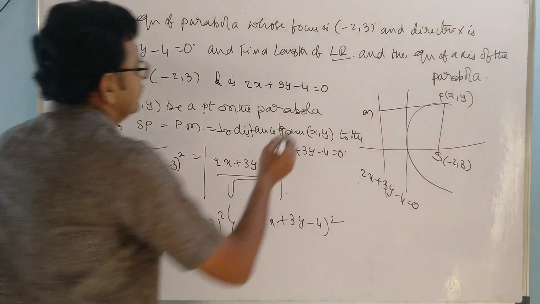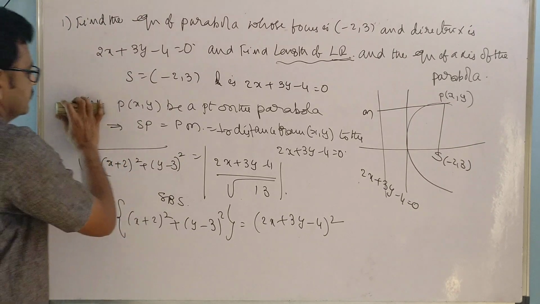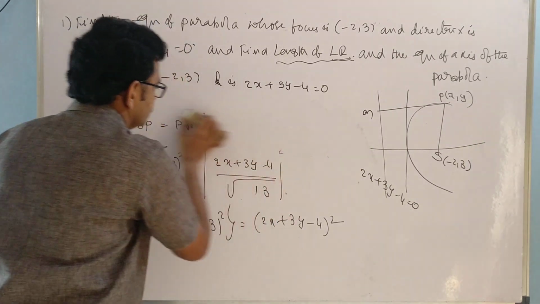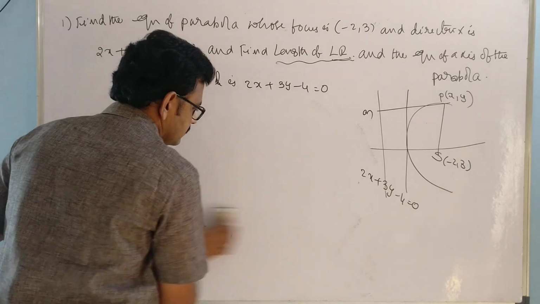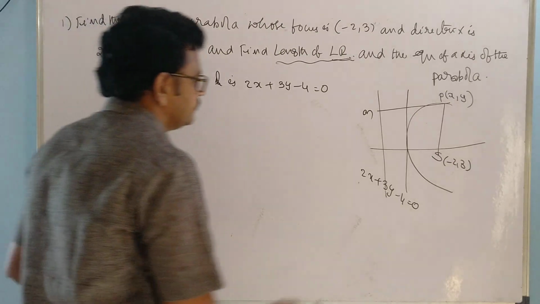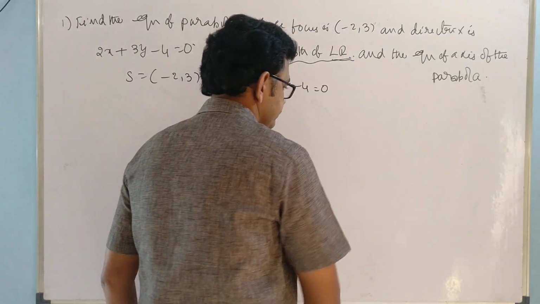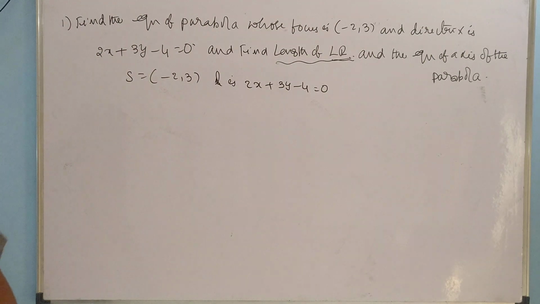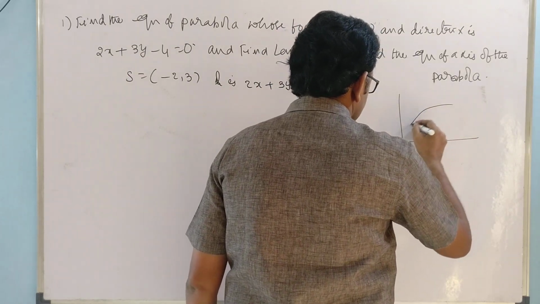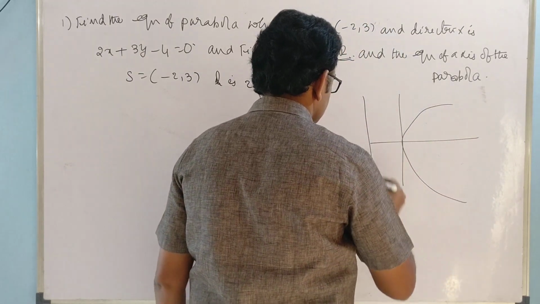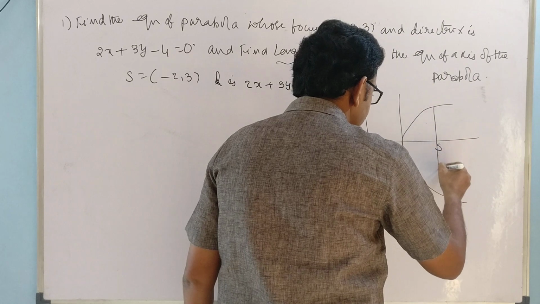Now what about the second one? Length of latus rectum. See, this is the focus. The latus rectum passes through the focus and is perpendicular to the axis.